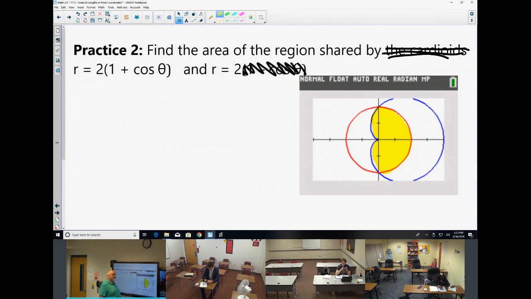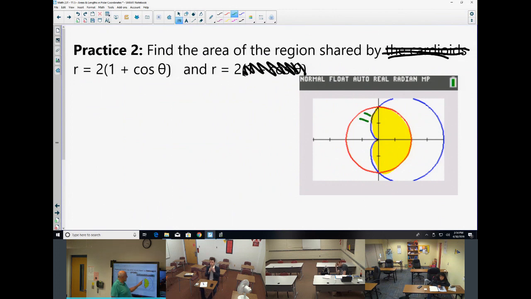Okay, now the formula I gave you, though, gives you the area between curves. So let me just tell you that it's like the formula I gave you where this is the outer one and this is the inner one.